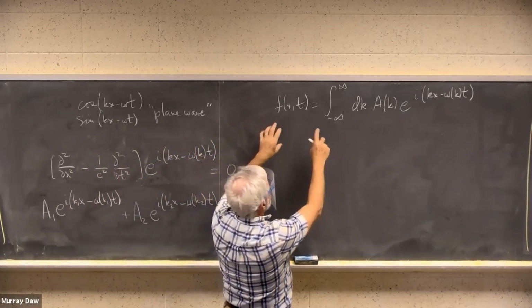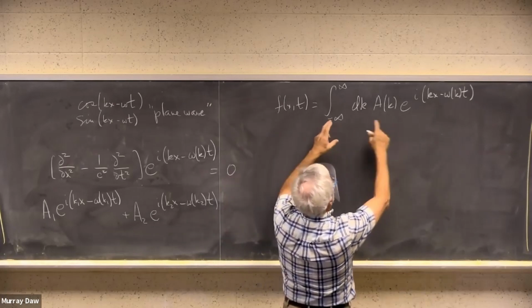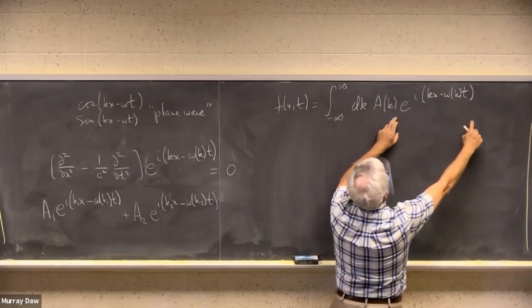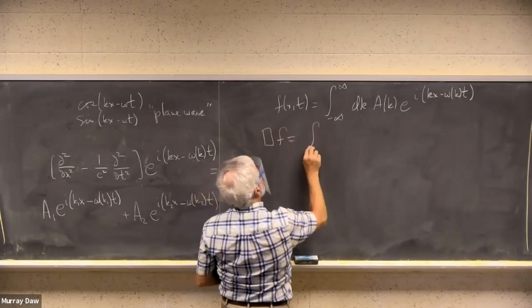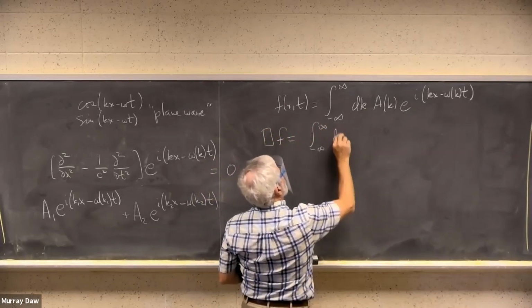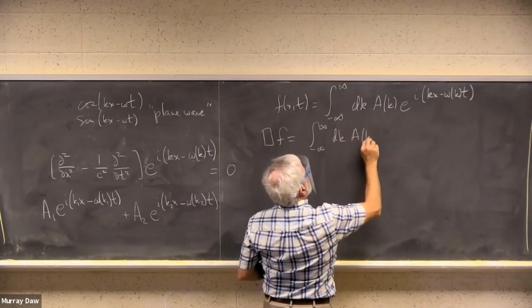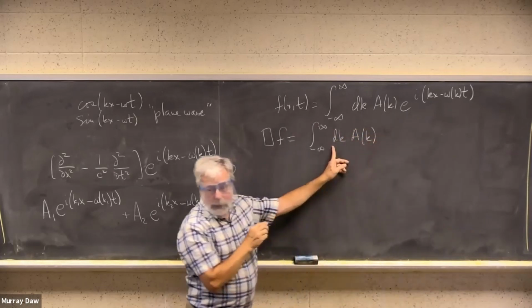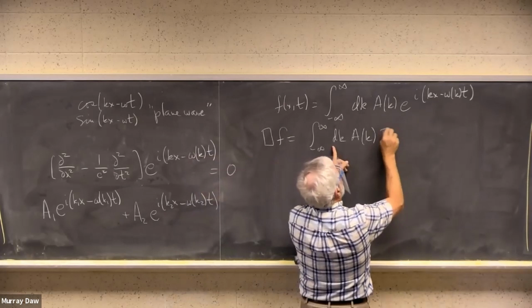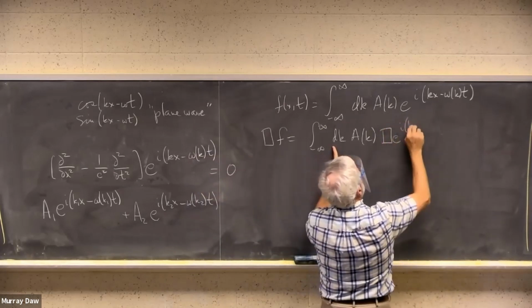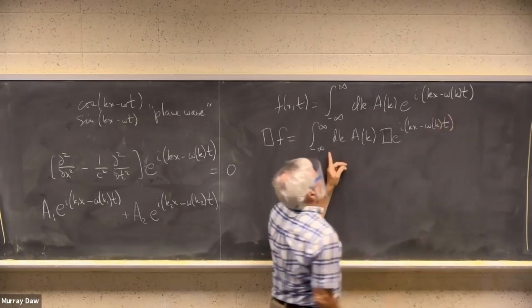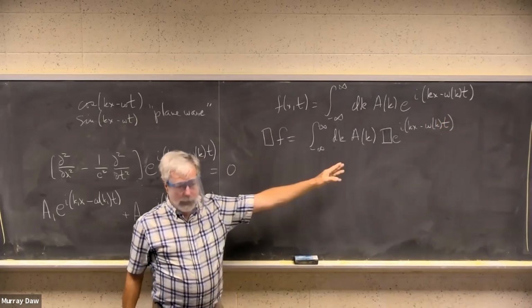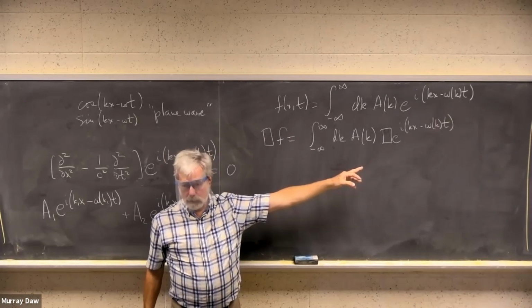So the D'Alembert acting on F is going to just distribute over the sum. These are not functions of X or T. So the D'Alembert acts on each of the terms of the sum.